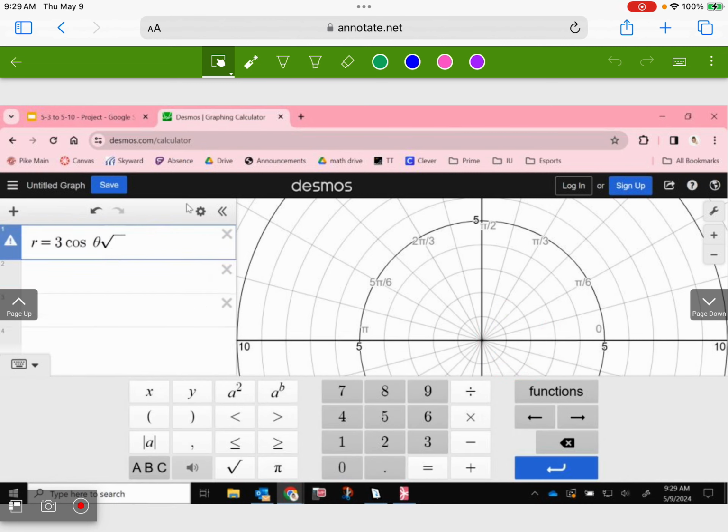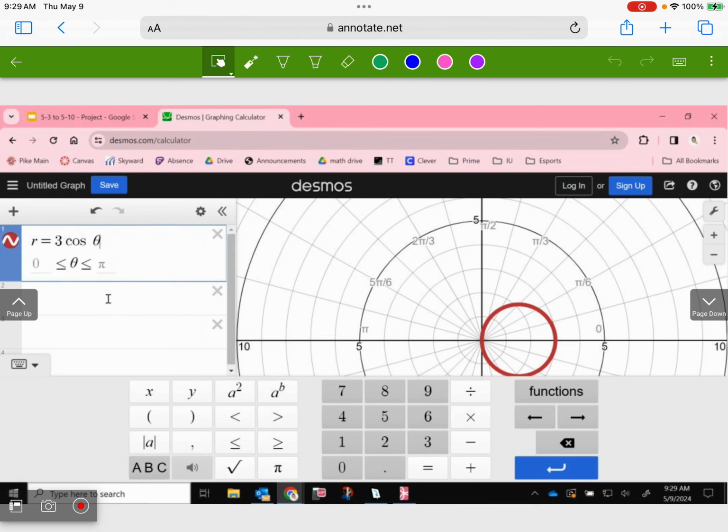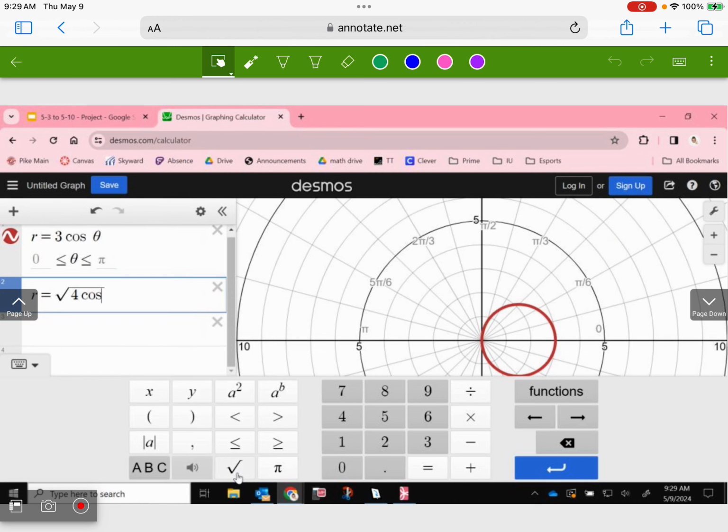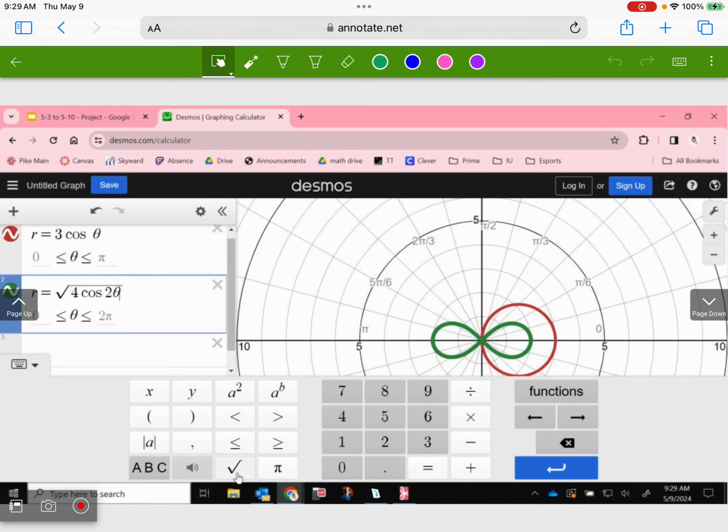So R equals square root. I'm trying to get the R squared ones. To be fair, I haven't played around with these. Let's do 4 cosine 2 theta. There it goes. You put them in as a square root instead of as an R squared.